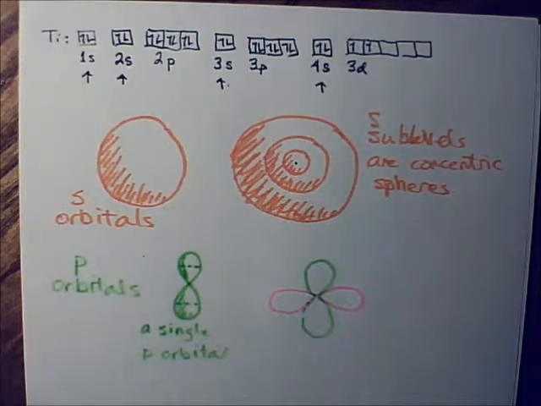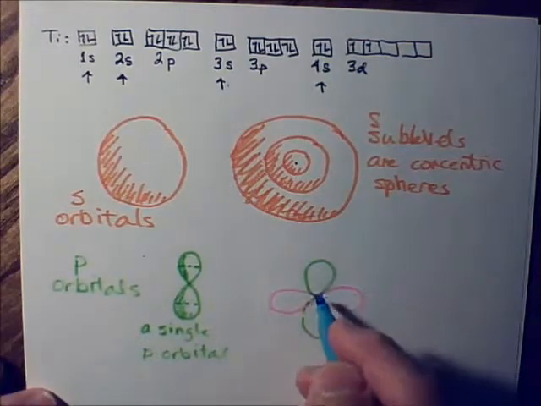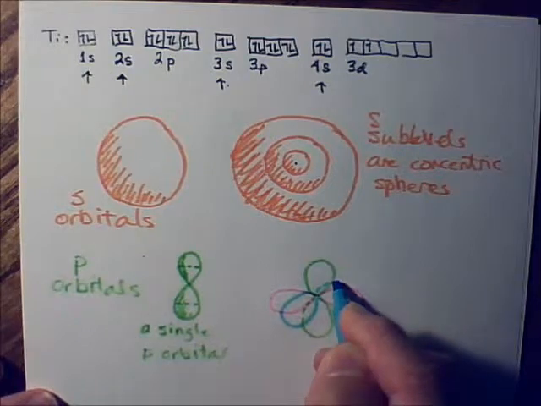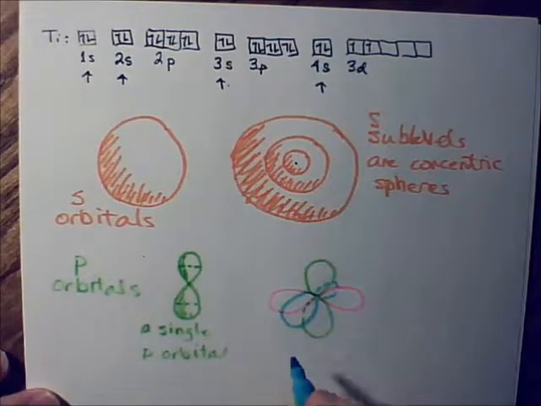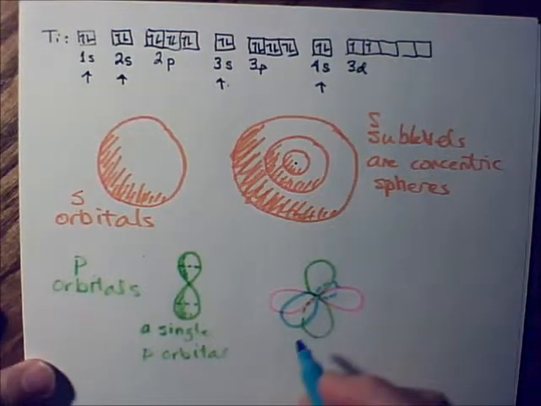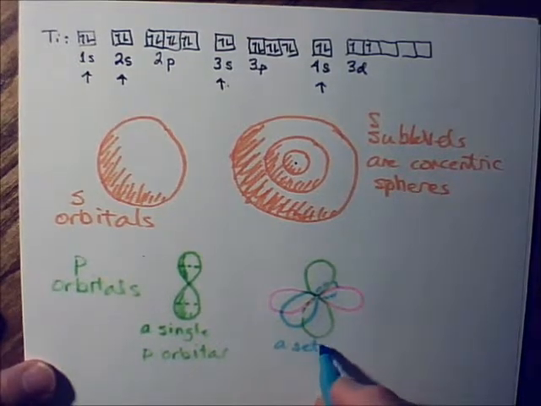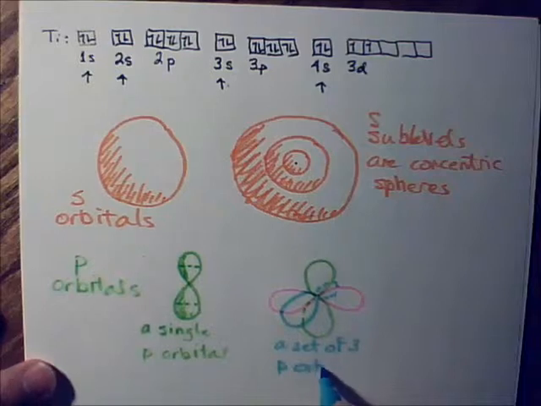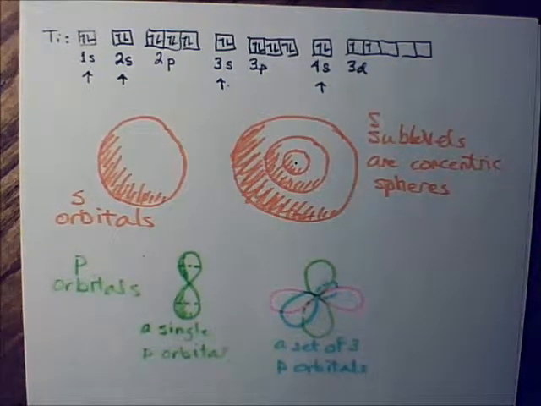And then I'm going to have a p orbital that's swinging out here toward you guys and behind the whole drawing. Now, let's see. Front and back. You got it. Coming out toward you like this, and then being back here behind everything. So this represents a set of three p orbitals. Does that make sense?